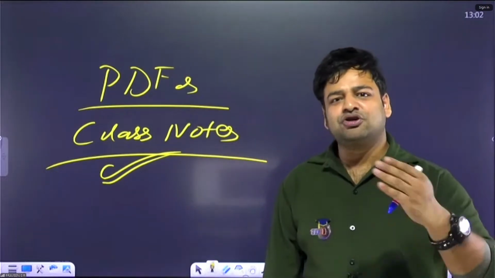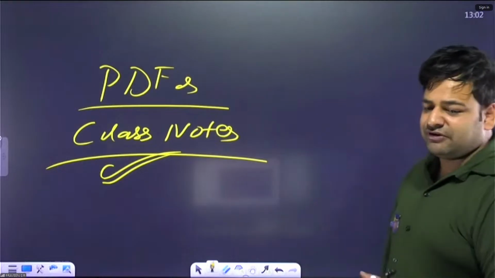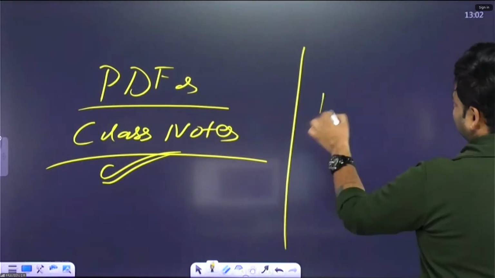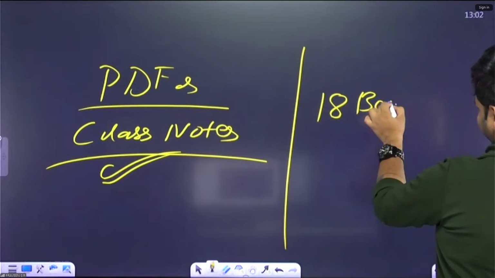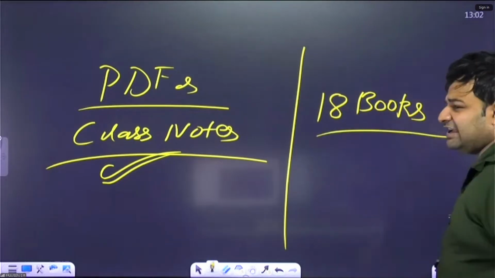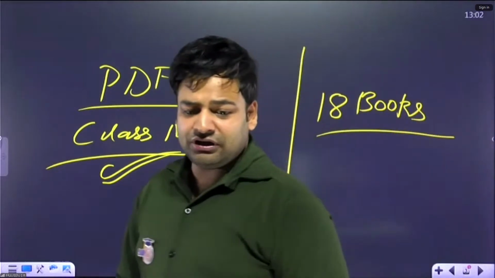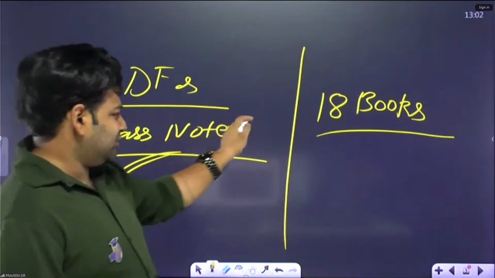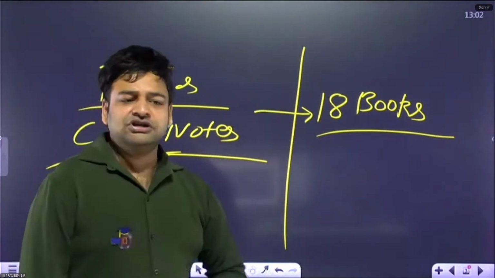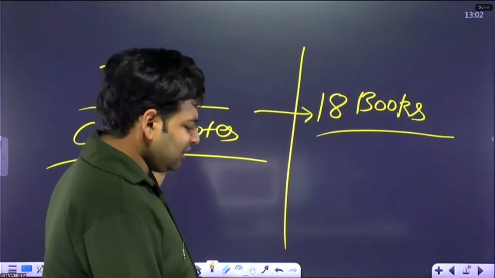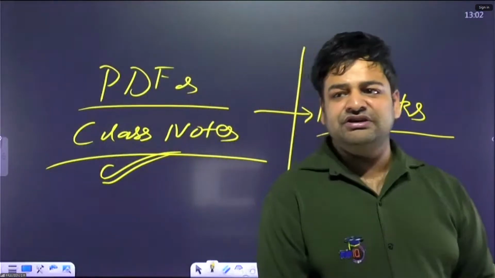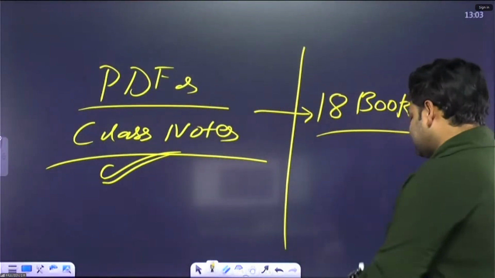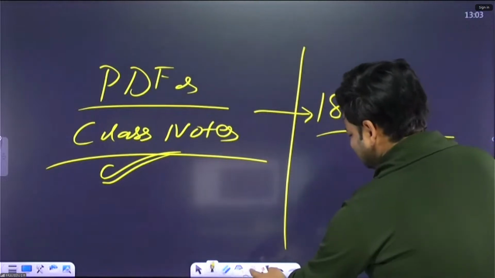And apart from that, let's talk about the books. So we will be sending you some 18 books. How many? 18 books we will send you from here. You have to just go through these books. And then once we are done with the classes, once we are done with the reading of the books, we will have the proper test series.